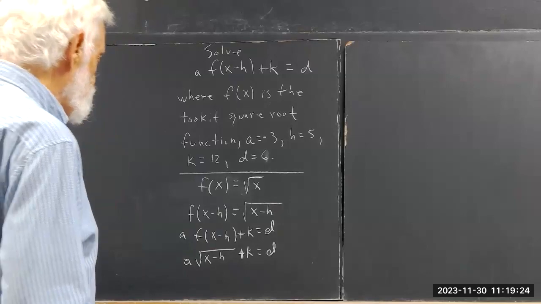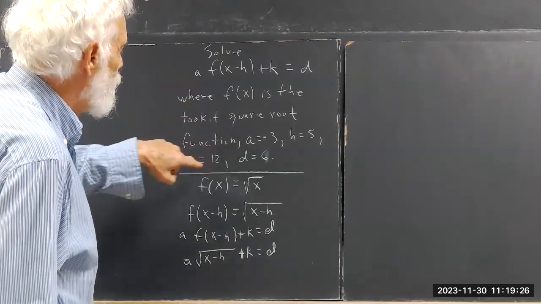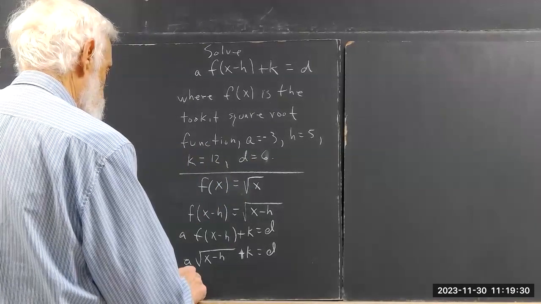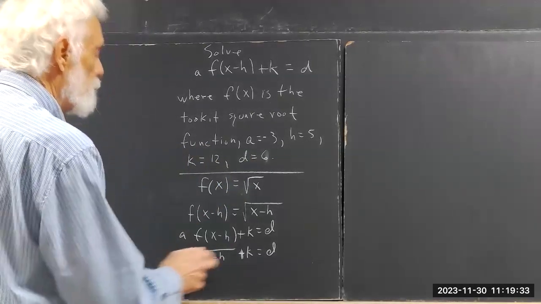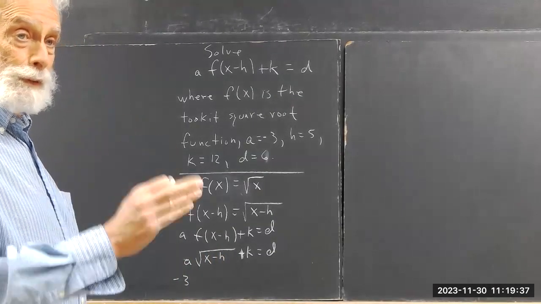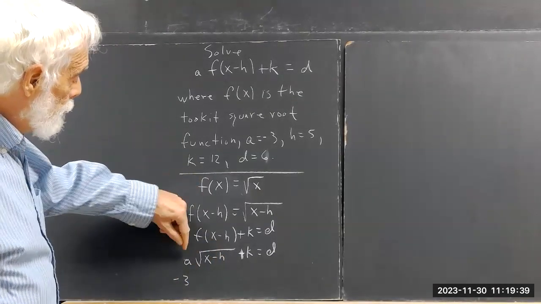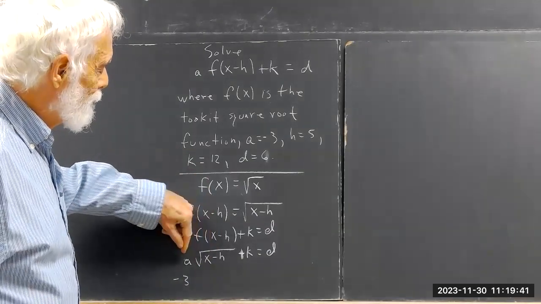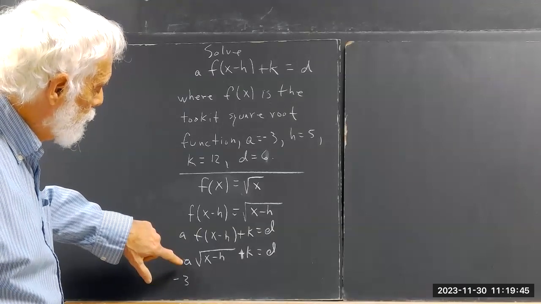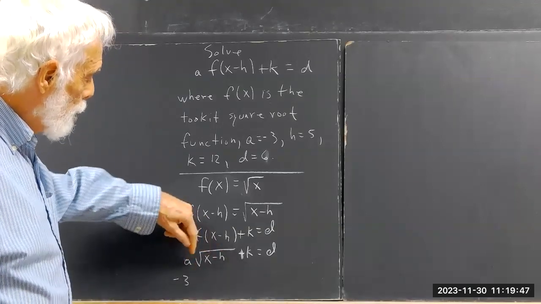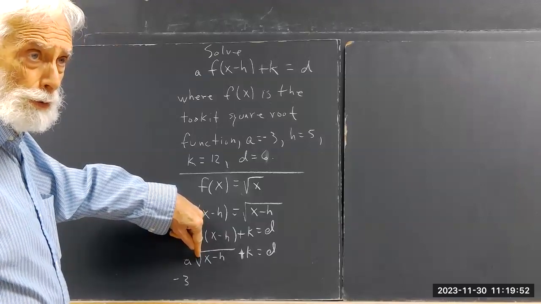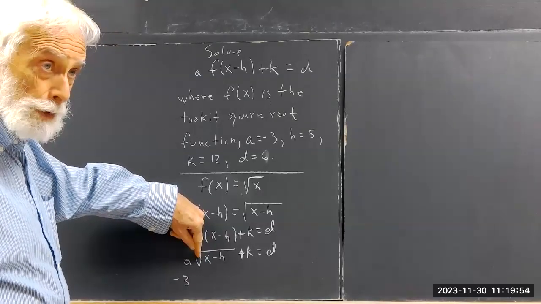Okay, so here we have it. Now, we can then replace a, h, k, and d with the numbers, so we get minus 3. But this is multiplied. A is multiplied by this. That was one point of concern from some of the students here today, that I think maybe there's a tendency to confuse the number out in front of the radical with a number that goes inside the radical, like a cube root or a fourth root or a negative third root.